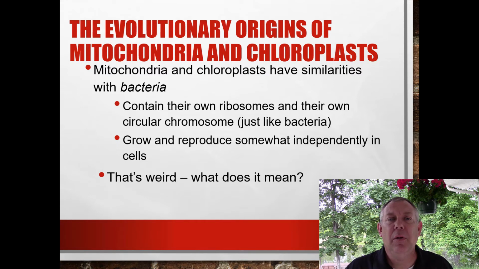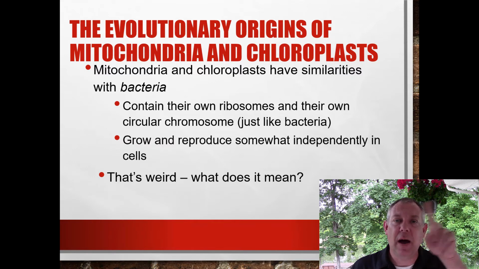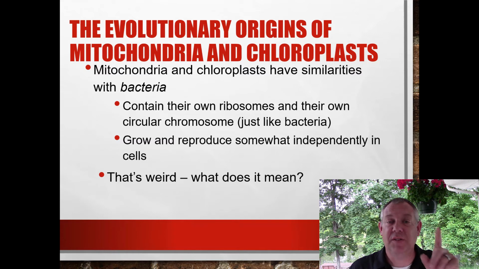So for example, these are organelles, but they have their own ribosomes. They also have their own chromosomes. So you have two types of chromosomes in your cells. Your chromosomes that are in the nucleus, which are linear, but within these organelles inside your cell, they also have their own DNA, and it's circular, just like prokaryotic DNA.